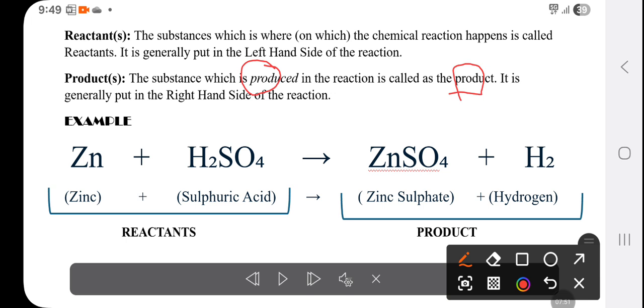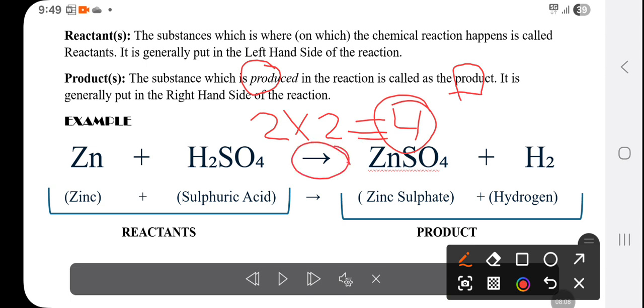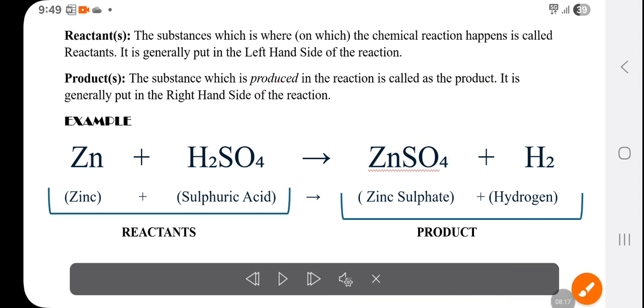Also, when we multiply 2 into 2 equals 4 in mathematics, this is the product. Product means the answer we get after the equals to sign, and if we think this arrow has an equals to sign, then 4 will be the product. Like this we can remember it in real life.